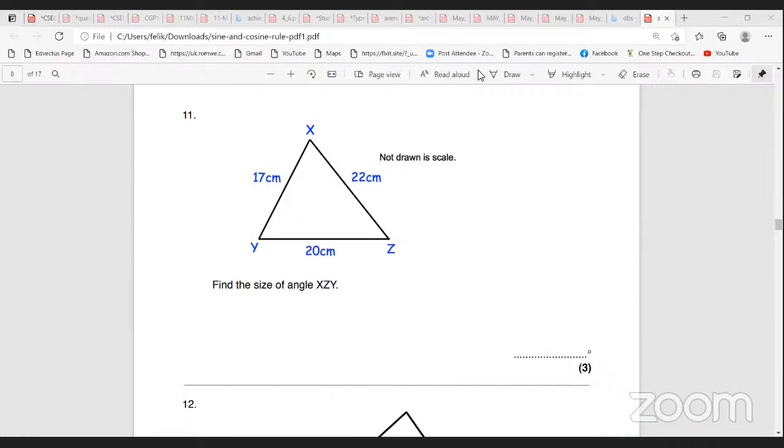I'm still waiting to see the cosine rule be written on the screen. So Marlon is unable to write. Okay.